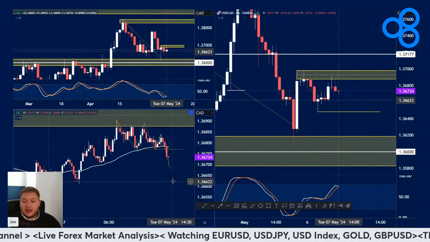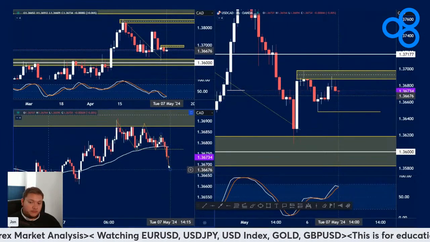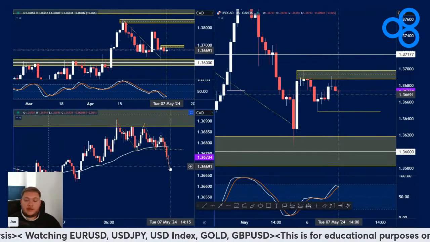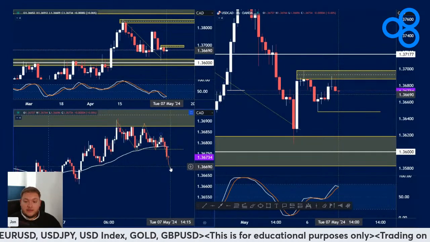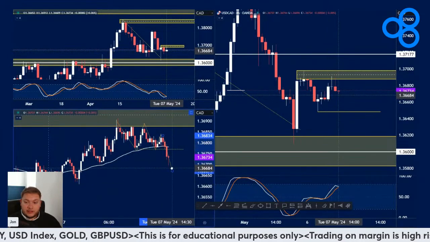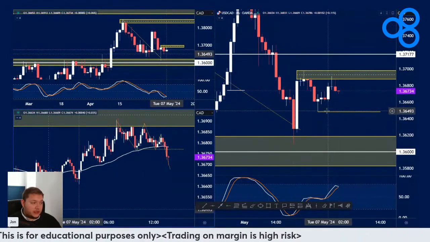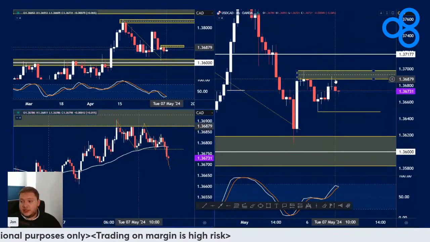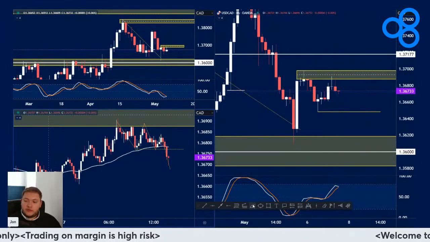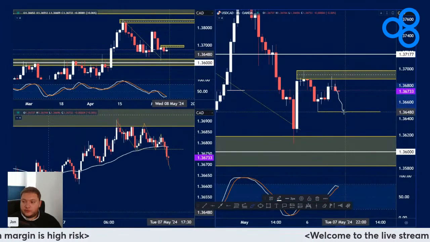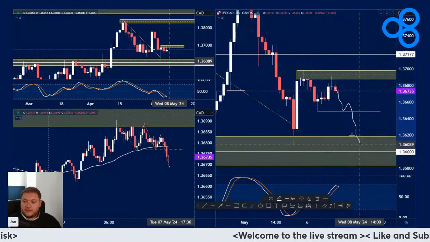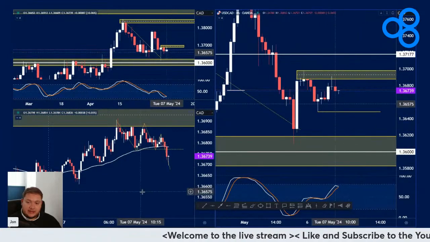That may be a move down to the previous swing low of the day, or it may be looking for the 4-hour swing lows down through here. But essentially, I want to see, is this the move that pushes price down towards this swing low, maybe even down towards that 136 handle again?